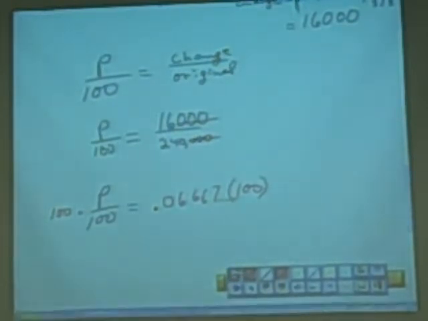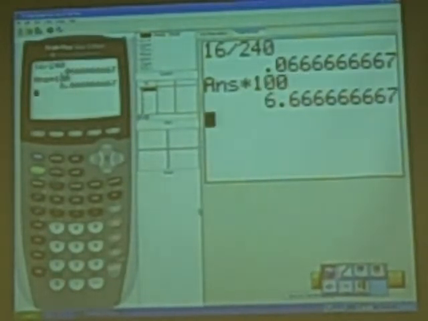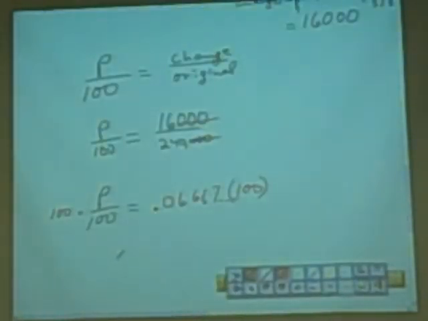Okay, so whether you do it that way or go which makes it what? 7%, right.